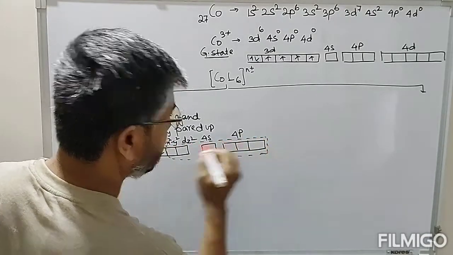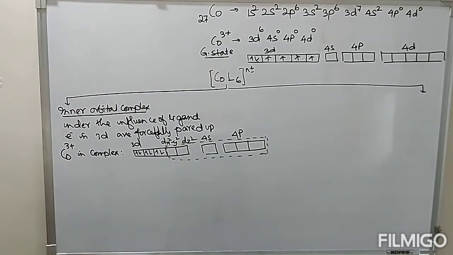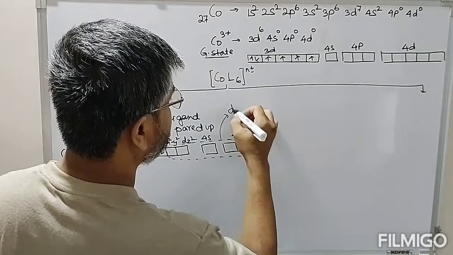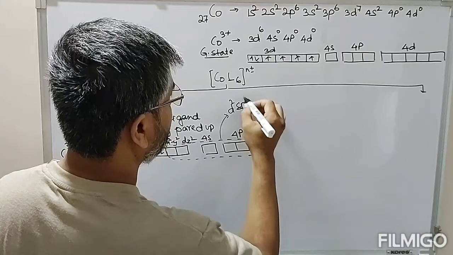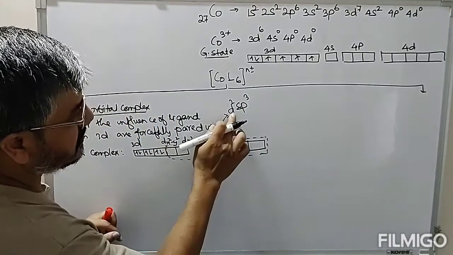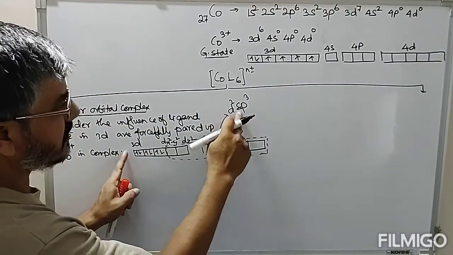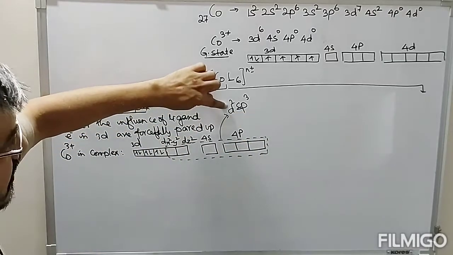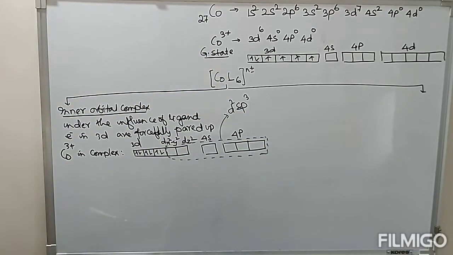So when they mix, this forms the hybridization, that is d2sp3. So look at this, d orbital is 3d, this s is 4s, p is 4p. So we are using the (n-1) d orbital.